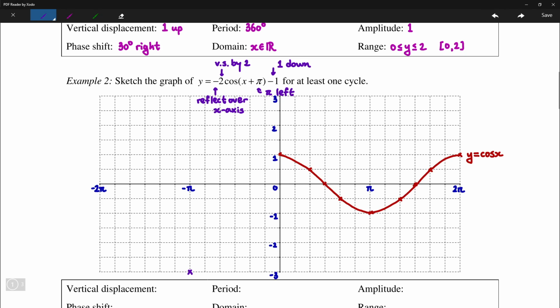The first quarter point, so this will be pi over 2, 0. When it's reflected over the x-axis and vertically expanded by 2, that doesn't change the point because the y-coordinate was originally 0. We'll then move it to the left pi spaces, so it will be at negative pi over 2, and then down 1 space. So it's going to end up at negative pi over 2, negative 1.